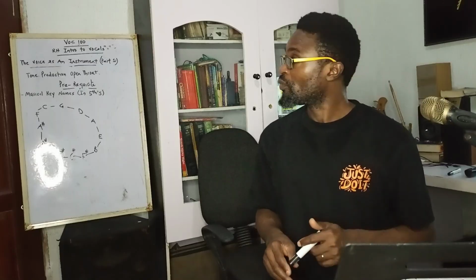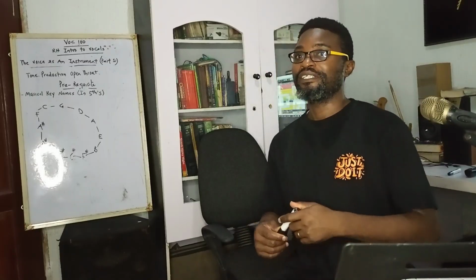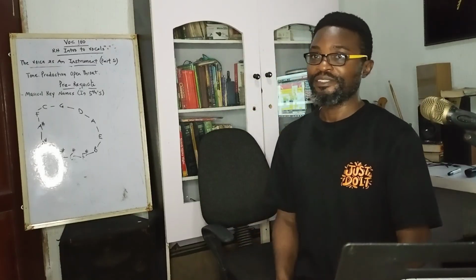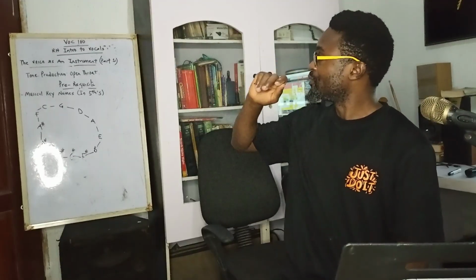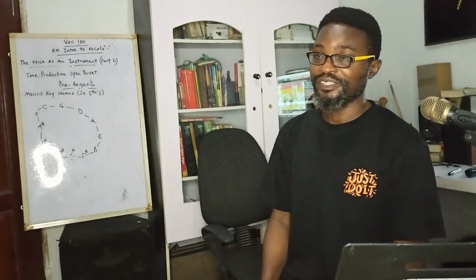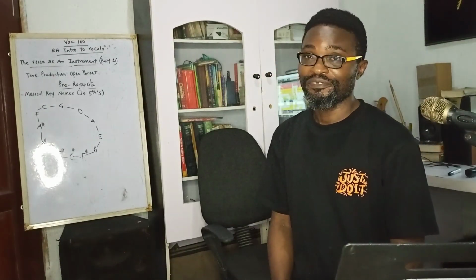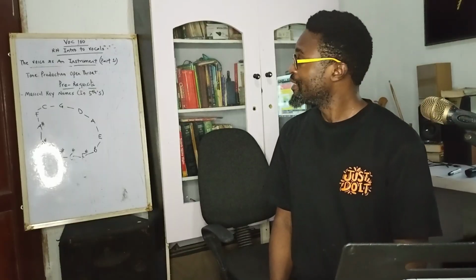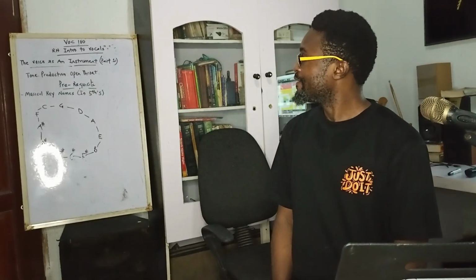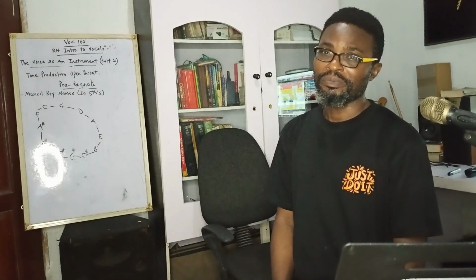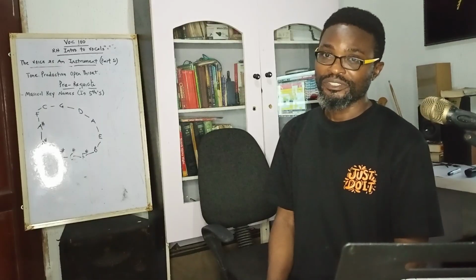Today I'm going to be going all over again. We're starting from introduction to vocals according to Rehearsal House, which is what we refer to as VOC 100. The VOC 100 program is about 3 sessions.